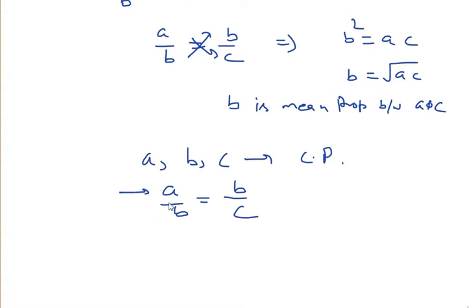This is called first proportion, this is called second proportion, and this is called third proportion. So whenever it is written A, B, C is in continued proportion, we will write A upon B is equal to B upon C, where B is called mean proportion, A is called first proportional, and C is called third proportional.